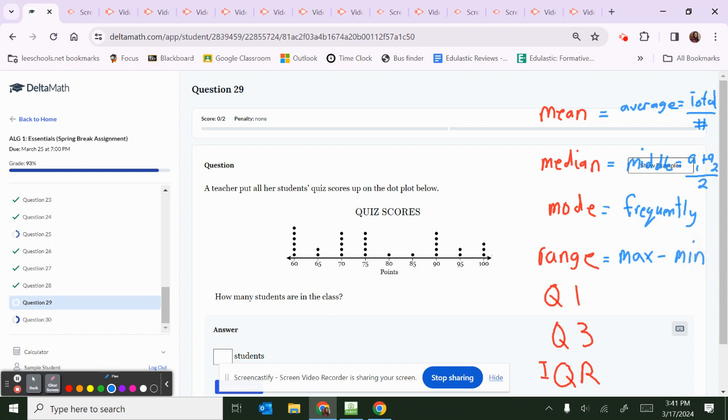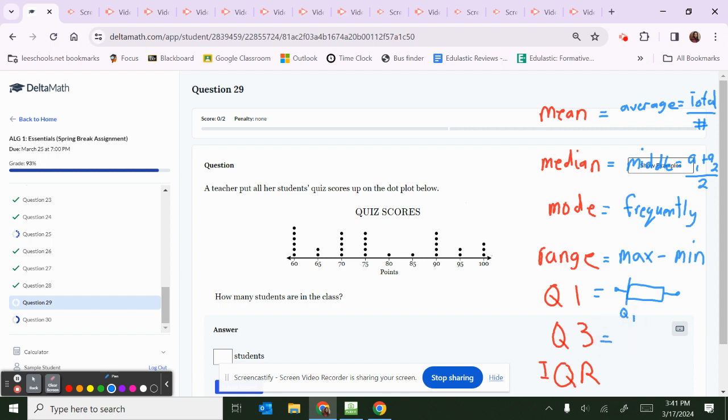Your quartile 1 will normally be represented using a box plot. If you saw a box plot, something that looks like this, it is called a box and whisker plot. Whatever this is represents your quartile 1.